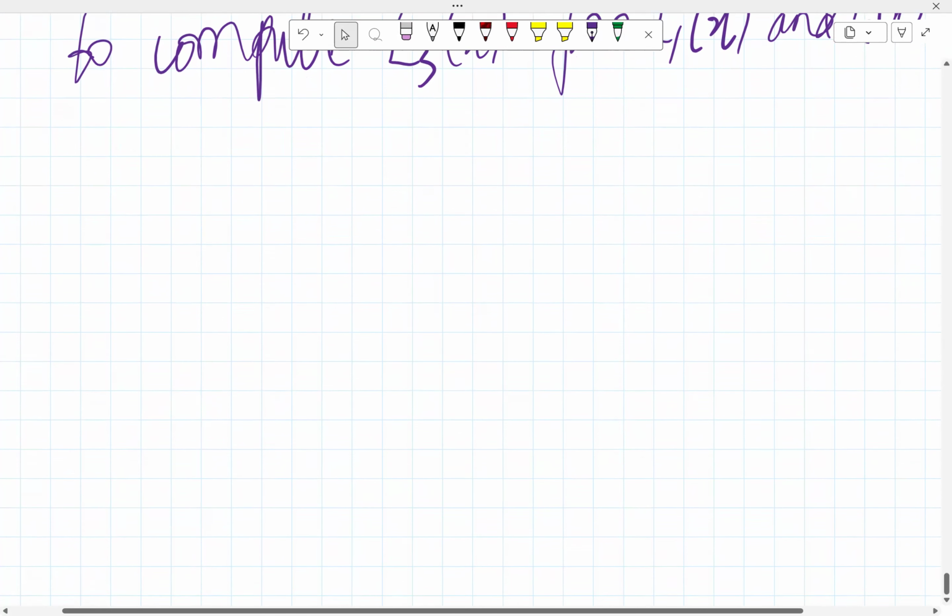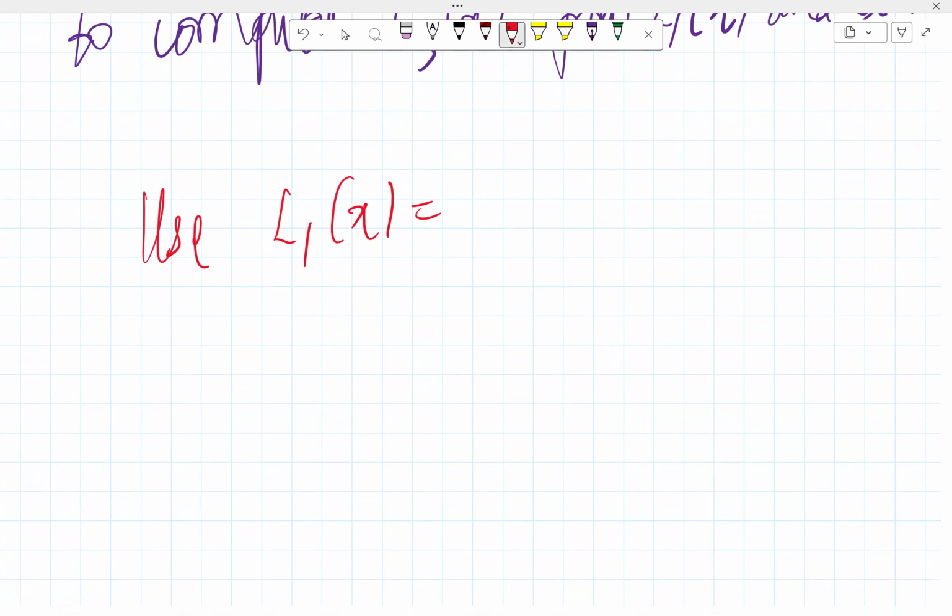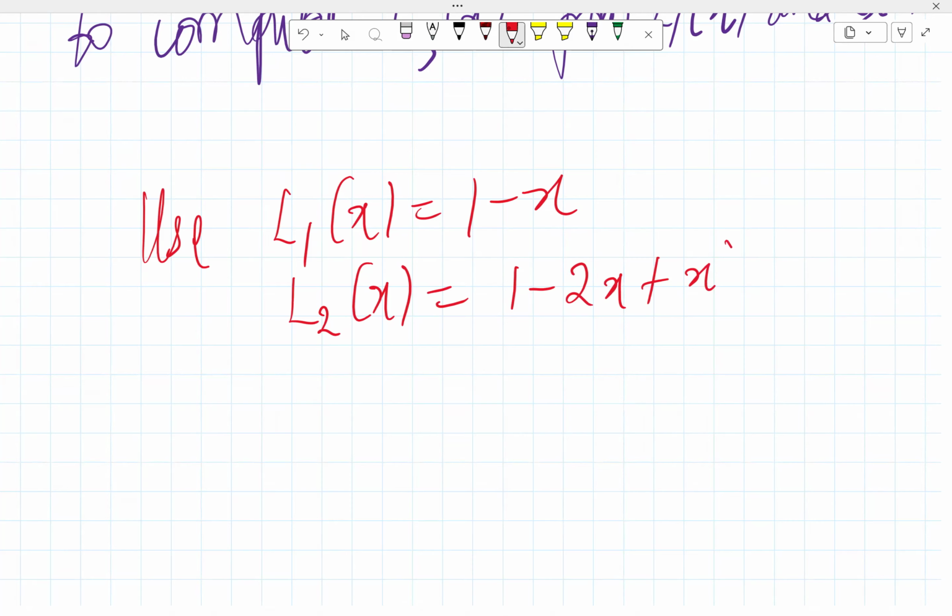So step 1, we use L1 of x, which we already know to be 1 minus x, and we use L2 of x, which we already know to be 1 minus 2x plus x squared over 2. If you don't know this, we have to derive them, right?